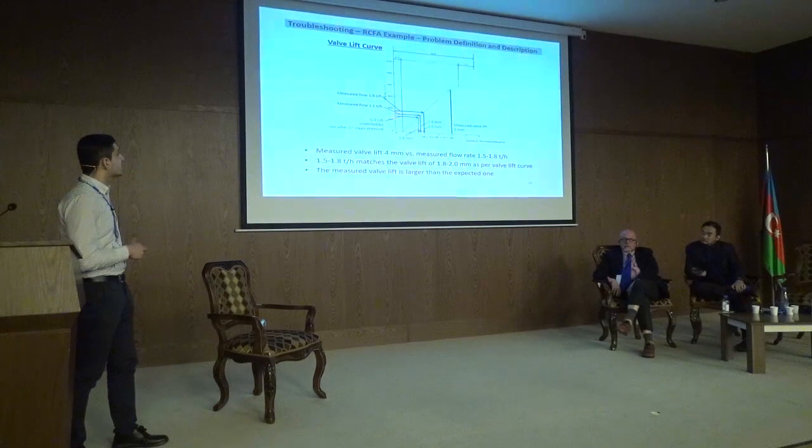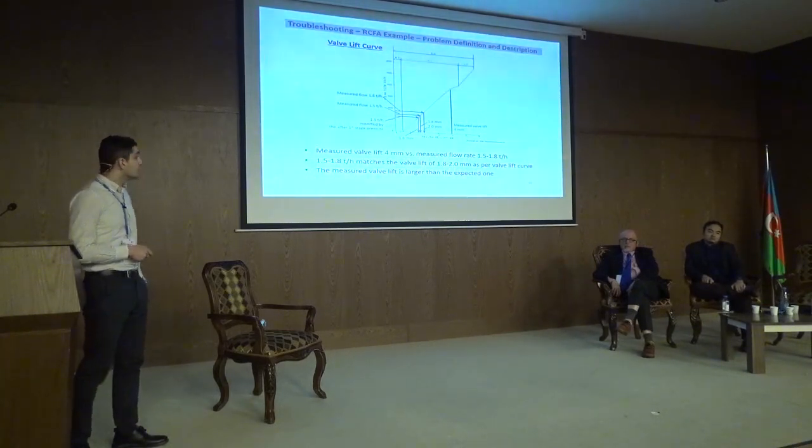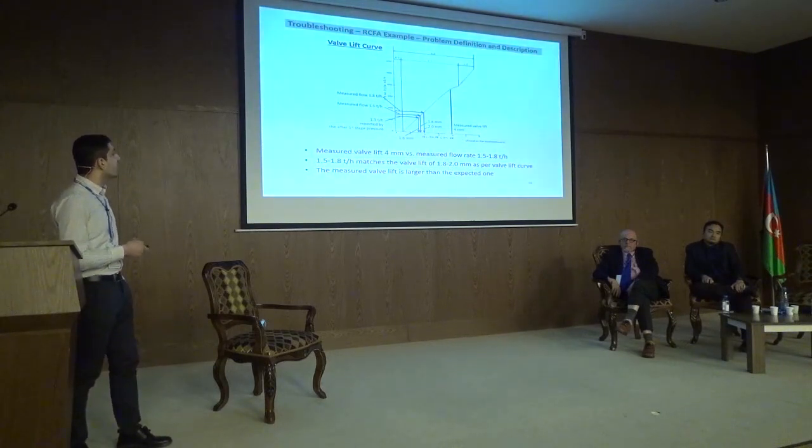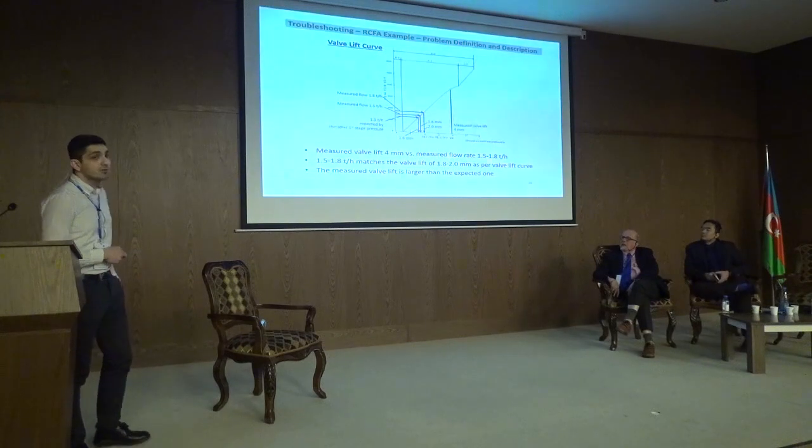When we look at this diagram, we can see that a valve lift of 4 millimeters should actually generate around 4 tons per hour of flow rate. Something was wrong, so we couldn't get enough flow rate. We wouldn't be able to get the design flow rate, because the valve lift was already 4 millimeters, and at 4 millimeters valve lift we were getting the flow rate which we should have gotten at 2 millimeters valve lift. So that was an issue.